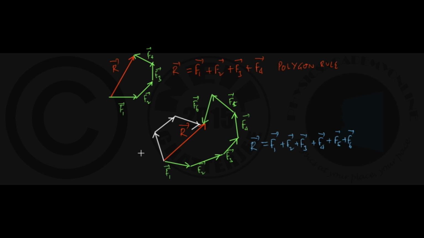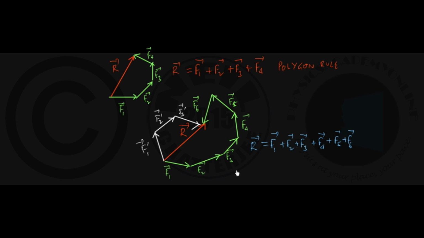Suppose I define a set of 3 forces, F1 dash, F2 dash and F3 dash, so that once again the first one's tail is coinciding with the original vector R's tail, and the second one, F2 dash, is somewhere midway, and F3 dash, the last one's head, coincides with the head of the original vector R. So that way also is a Polygon law.